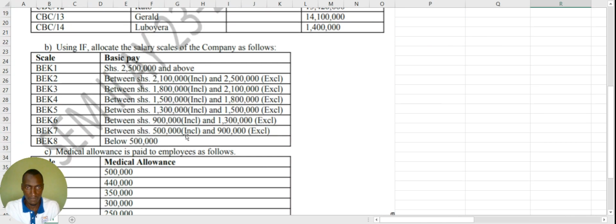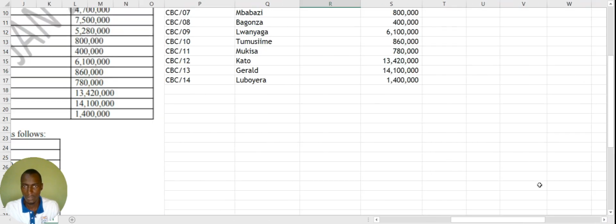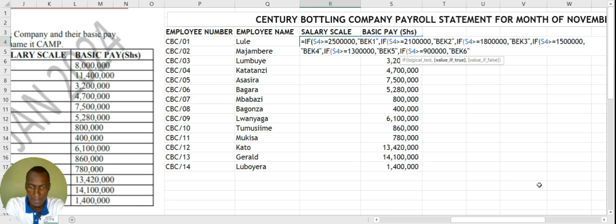BEK7 is between 500,000 and 900,000. So if your basic pay is greater than or equal to 500,000, then that is BEK7.